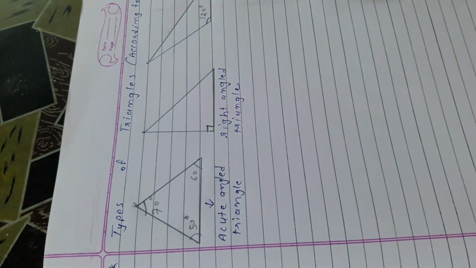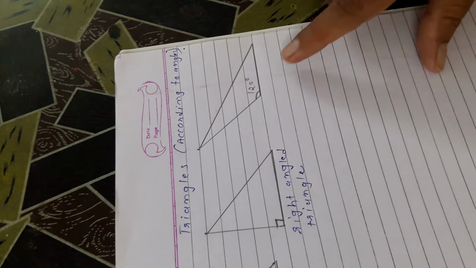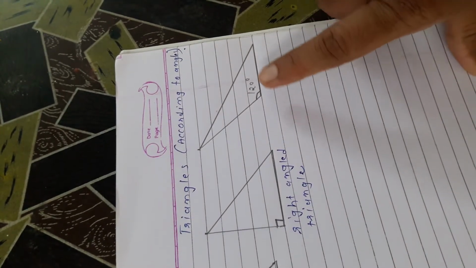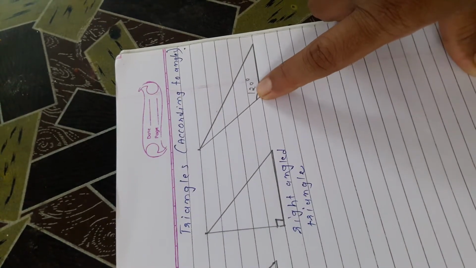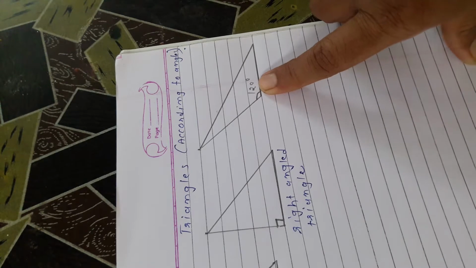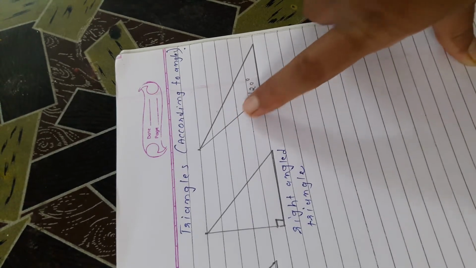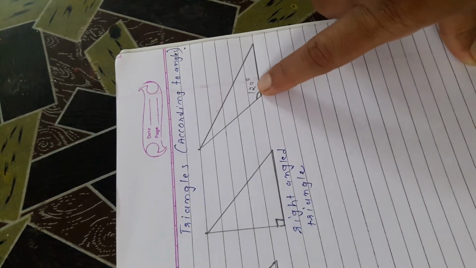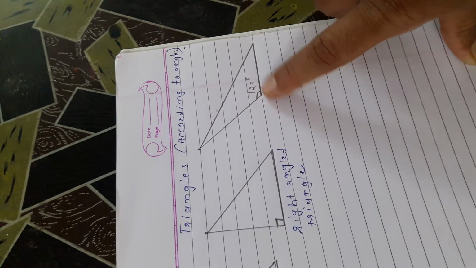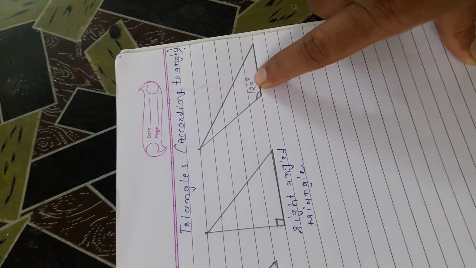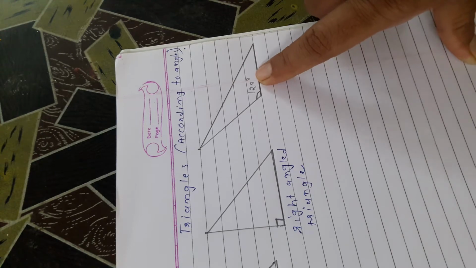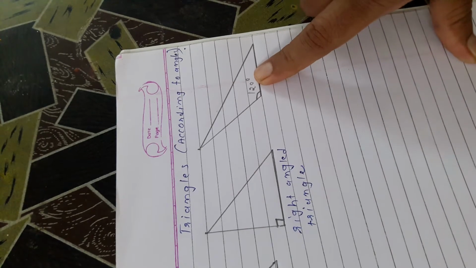And in this triangle, the measure of any one angle is more than 90 degrees. If in a triangle the measure of any one angle is more than 90 degrees, it is called an obtuse angled triangle.